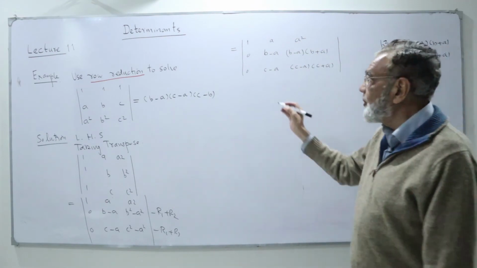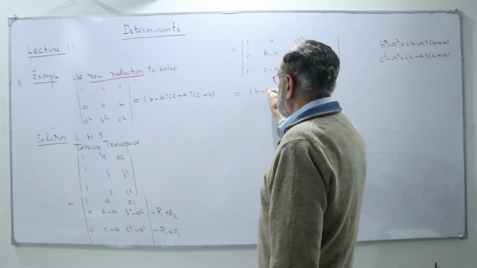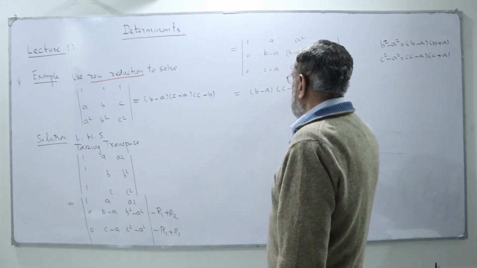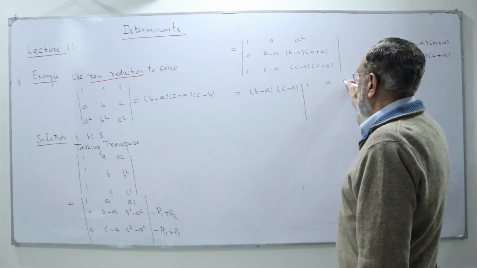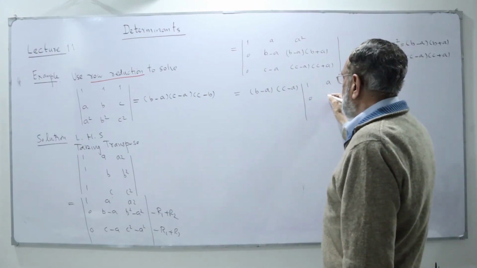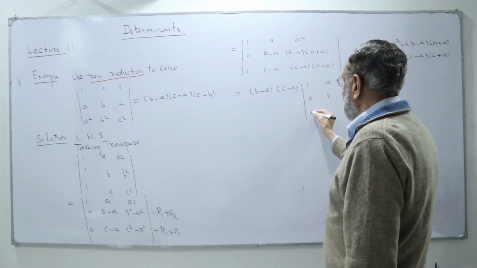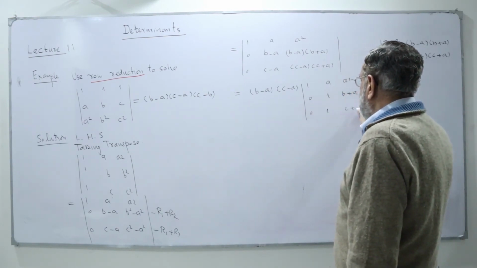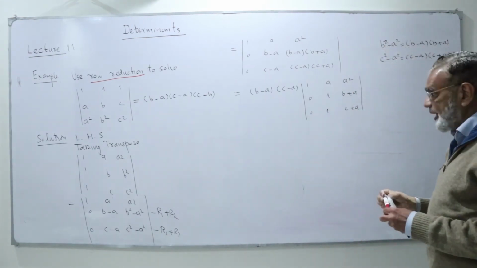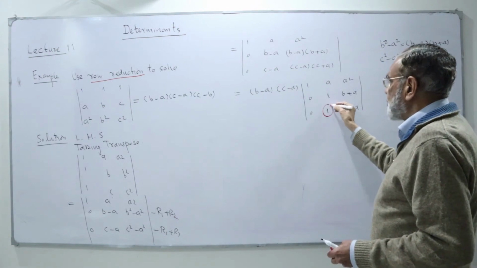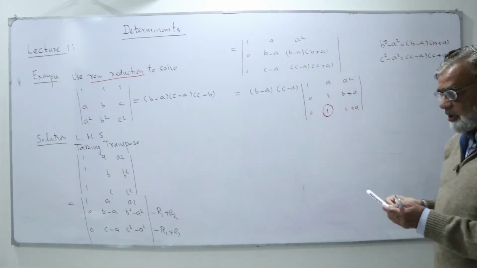I take common B minus A from row 2 and C minus A from row 3. What will I get? I'll get 1, A, A square; 0, 1, B plus A; 0, 1, C plus A. My next step is I just want to make this value 0, so this becomes the upper triangular form. So I multiply by minus 1 and add to this one.